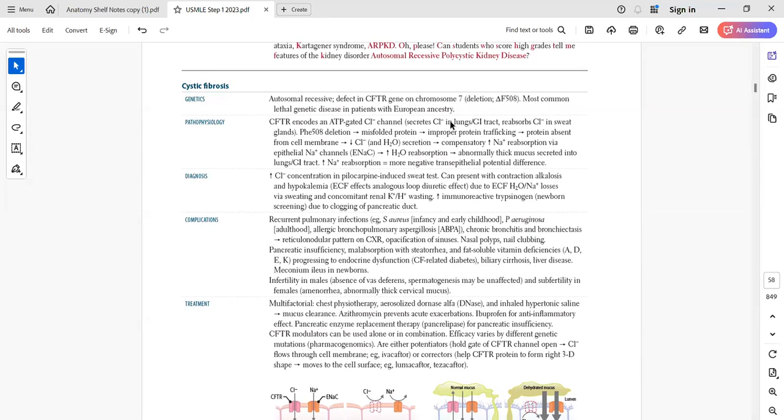Because there's absence of the vas deferens, and because of that, the spermatogenesis would be unaffected, but there would be infertility in males. Also, there would be subfertility in females, because the females would have abnormally thickened cervical mucus, and that would stop the sperm from going to the ovaries and fertilizing the ova, which would cause subfertility in females. I hope that makes sense.